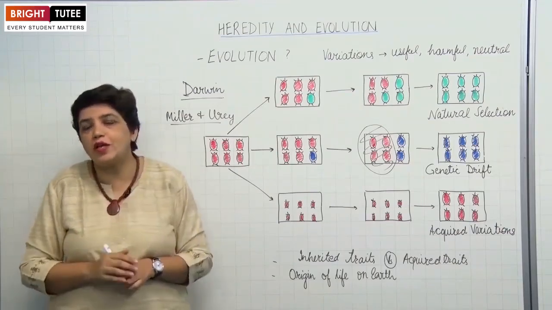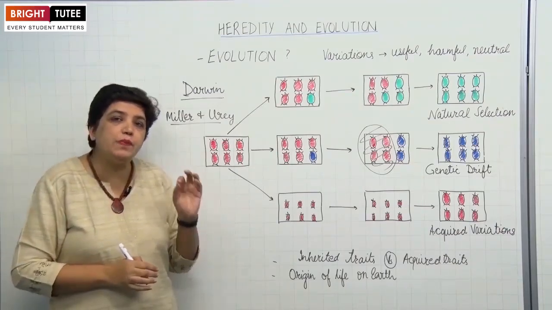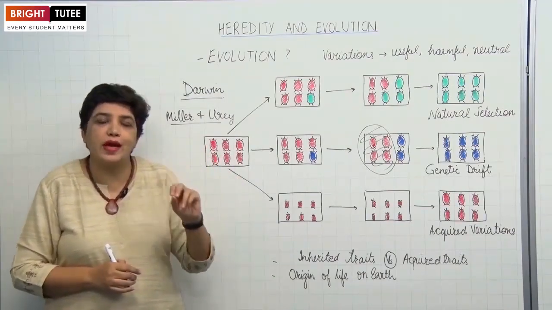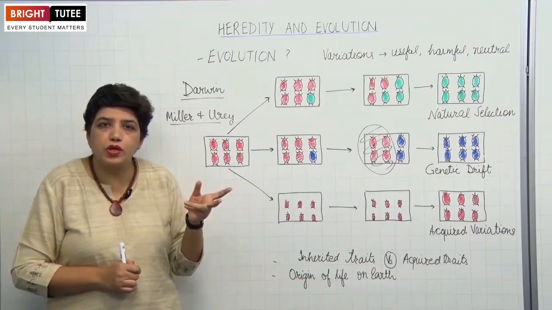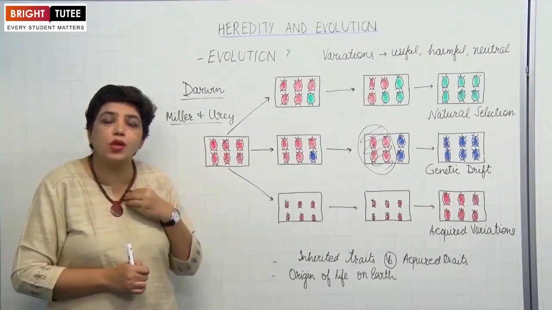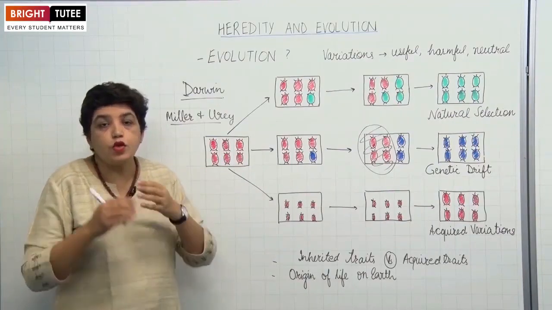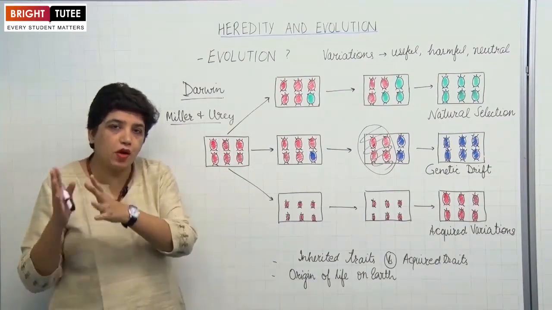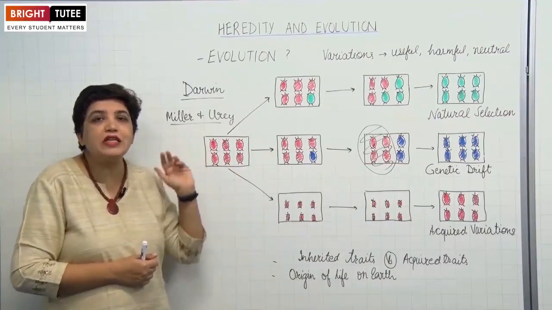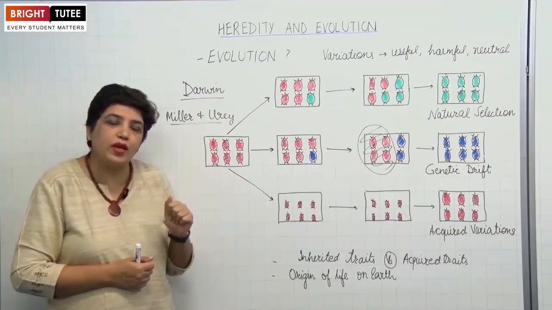After a week, it was observed that 15% of the carbon in methane got converted into organic compounds, that is sugars, amino acids and fatty acids. These are organic compounds from which all living organisms are made. So 15% of the inorganic carbon was converted into organic carbon when such conditions were created, as when the Earth was cooling down.